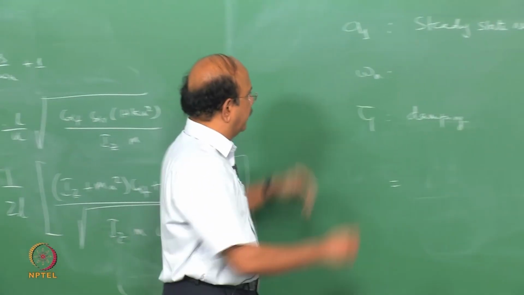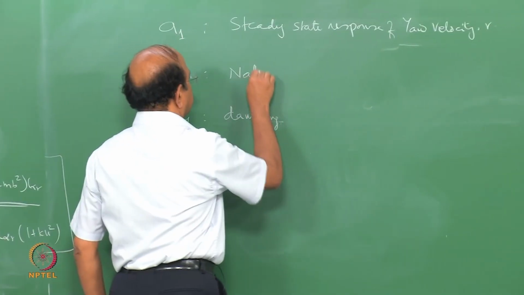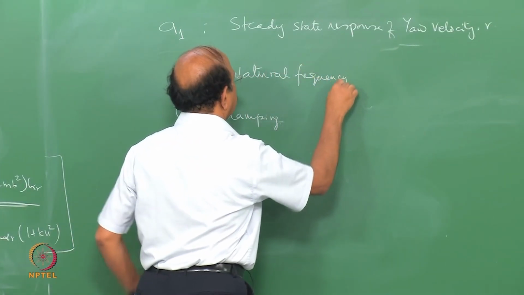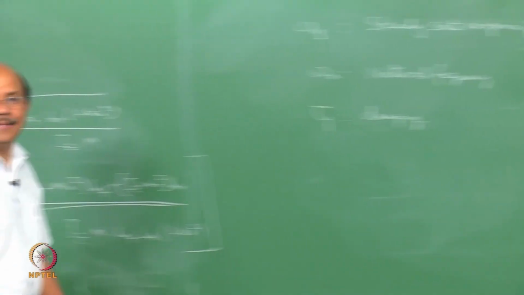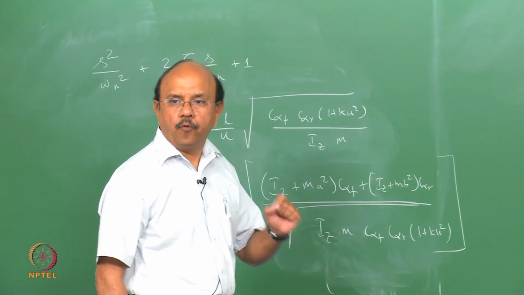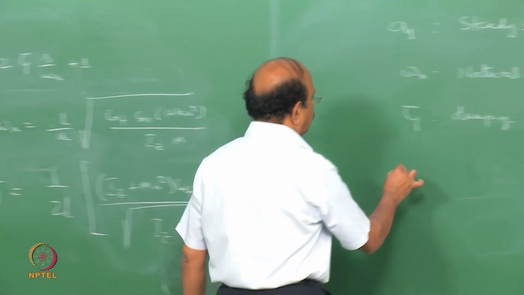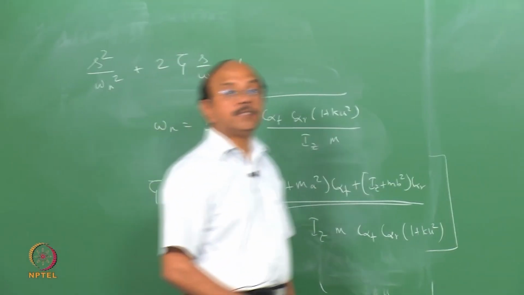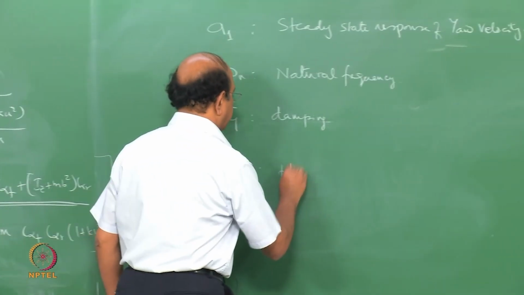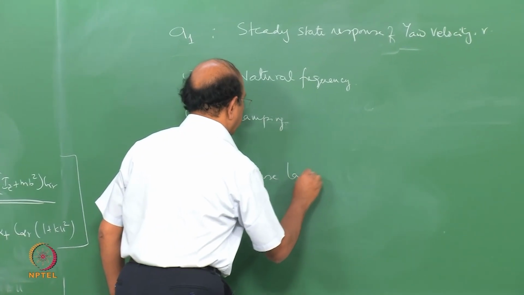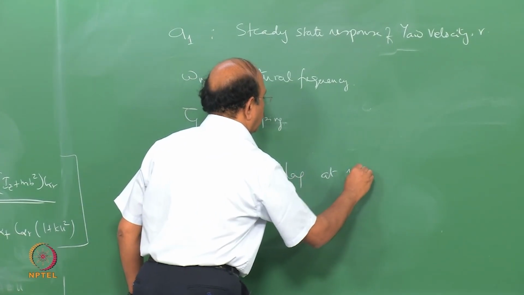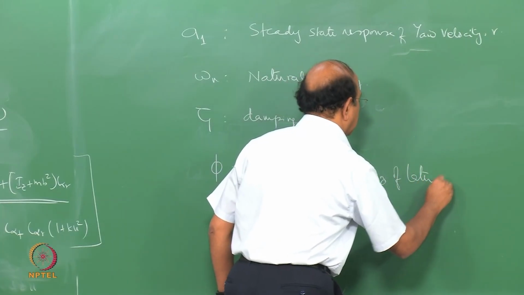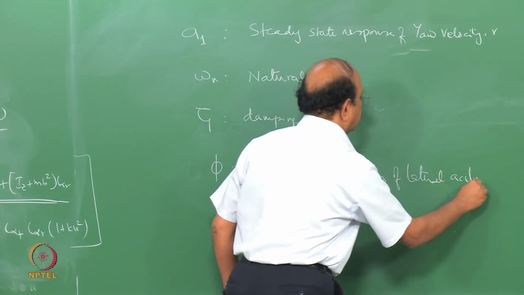Let's say that omega n is the natural frequency of the system. And then let me introduce a fourth quantity which I would call phi, which is the phase lag at 1 hertz of lateral acceleration.